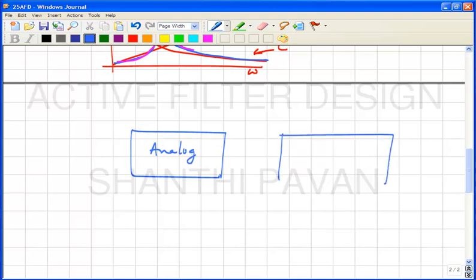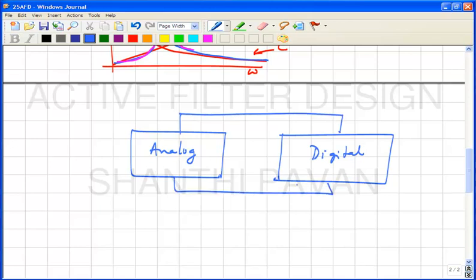This is the digital, which is going to draw spiky current. Now, if I did this, it is bad news. This is not a very smart thing to do, because the analog and the digital share the same supply.